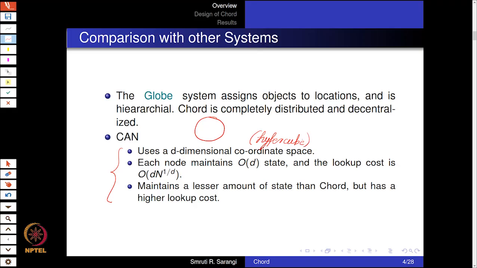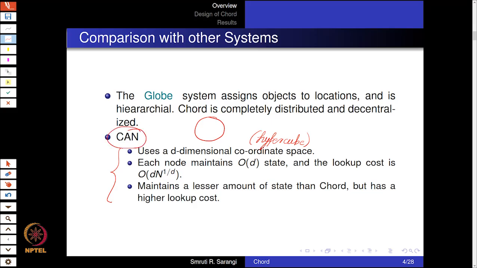Just look it up on Wikipedia. Each node maintains order d state, which is basically its d neighbors in the d-dimensional coordinate space. And the lookup cost is d times n to the power 1 by d. So it does maintain a lesser amount of state than Chord, but it has a higher lookup cost.